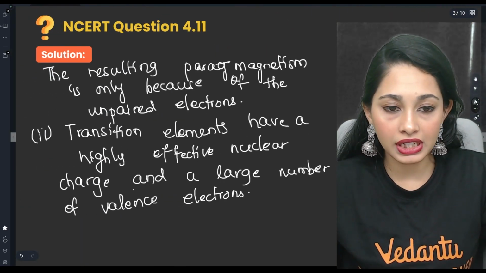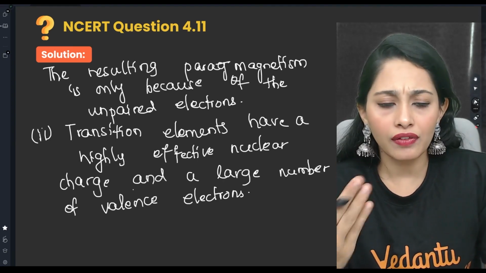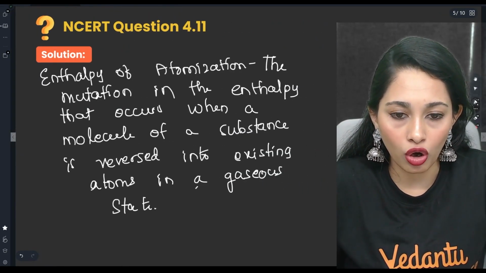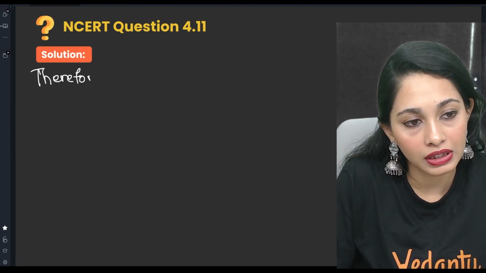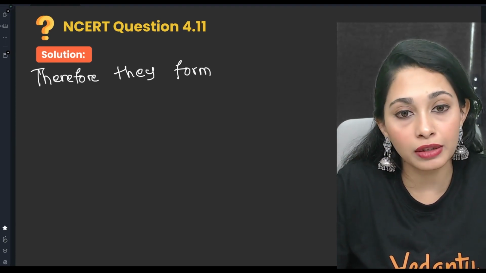So, as we have already discussed, transition elements have a highly effective nuclear charge and they have a large number of valence electrons. Therefore, they form very strong metallic bonds.